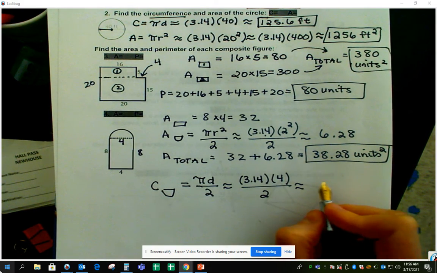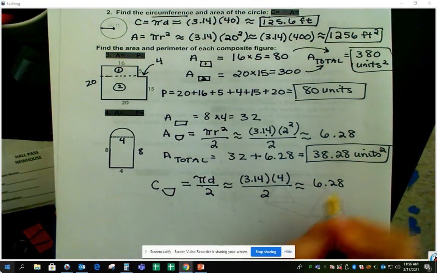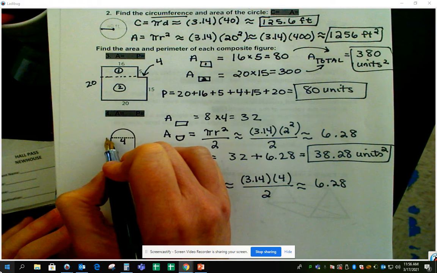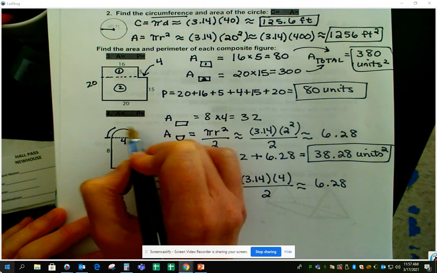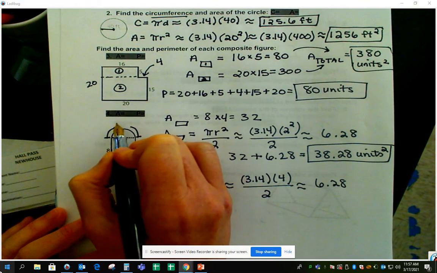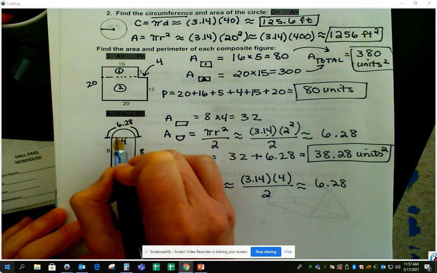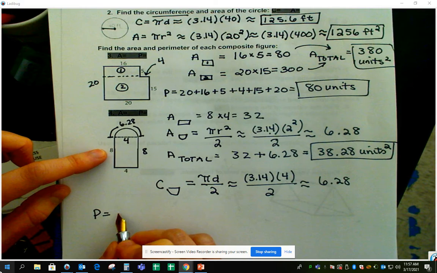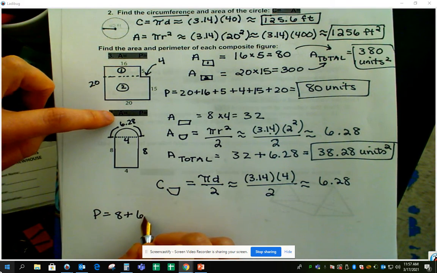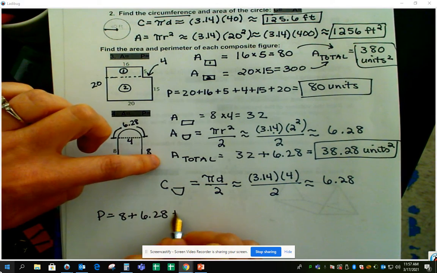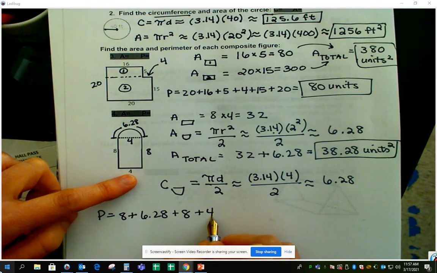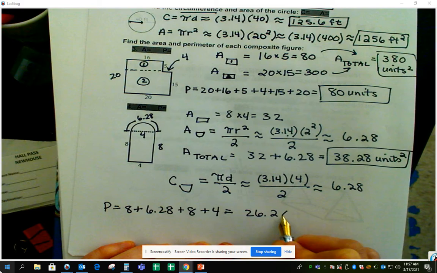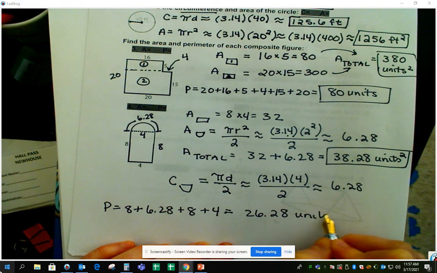When I do that, I'm going to get 6.28. I ended up with the same thing. Interesting. So this whole thing is 6.28 around that circle. So for the perimeter of the figure, I've got 8 plus 6.28 plus 8 plus 4. We add all that up, I'm going to get 26.28 units.